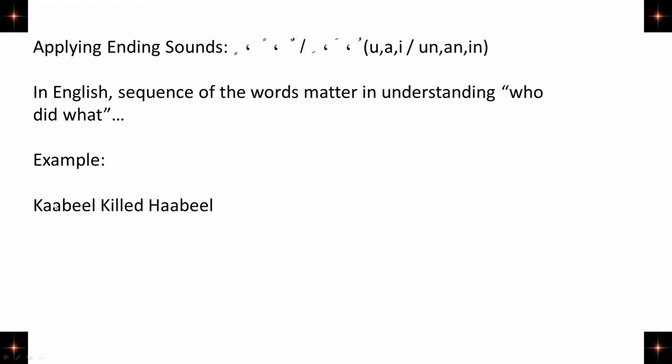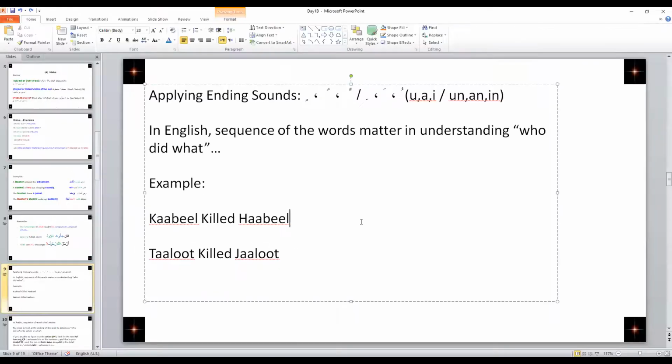But in Arabic, I can just move the word Qabil. So for instance, in this case, I'll just write it like that and say, Qatala. Why are you using Qatala? Somebody will say, well, I'm only killing today. Okay. Qatala Qabilu. So it is Qabil who did the killing, and then Habil. So this Habil will take a different ending because it is the victim.